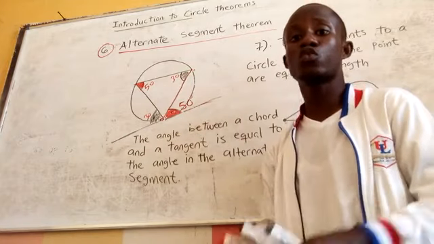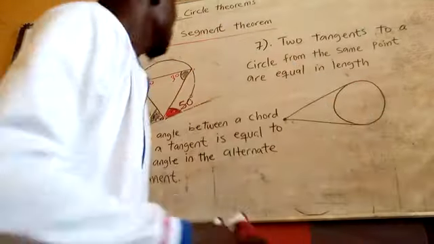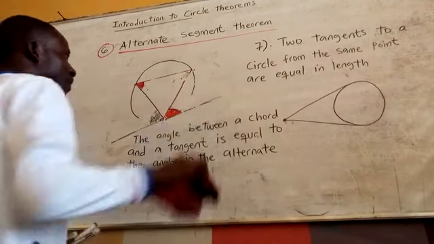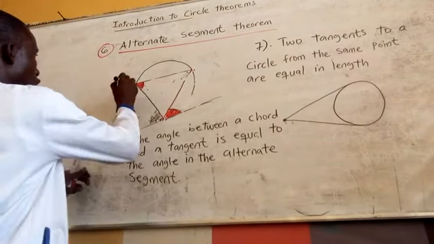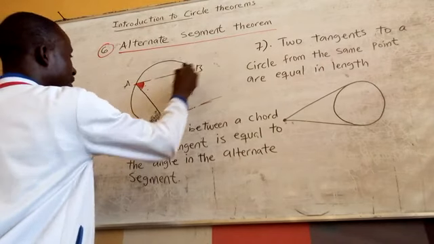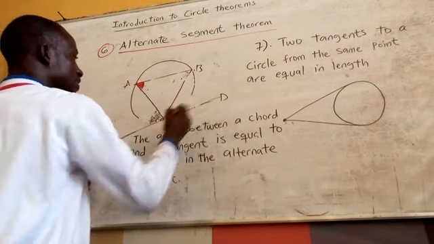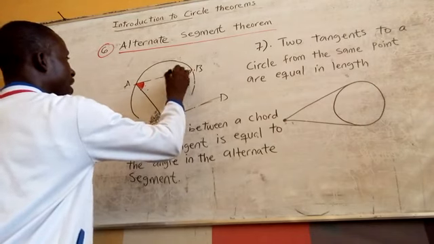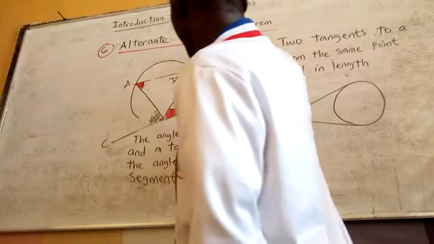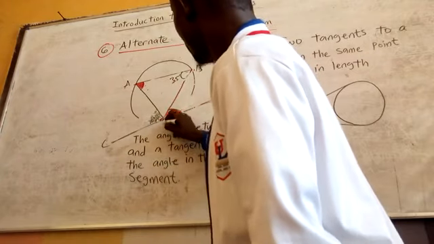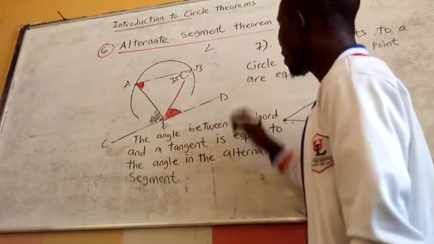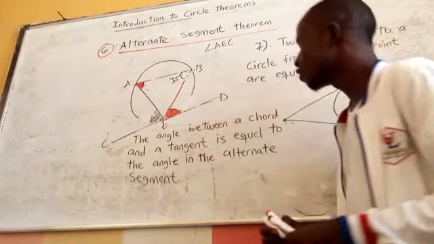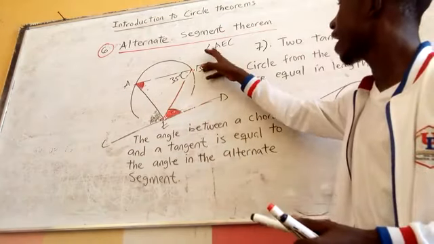So now let's do the other way around. In case we have, let's name this A, B, C, D, and we have 35 degrees here, and we are asked to find angle AEC.